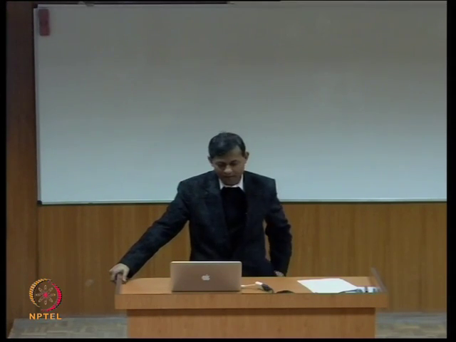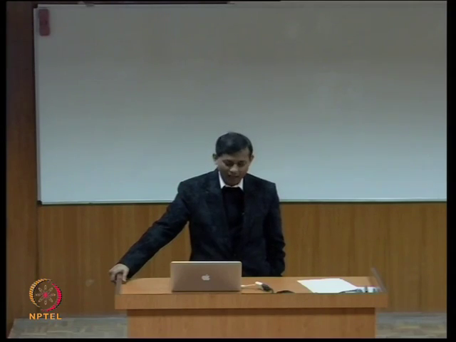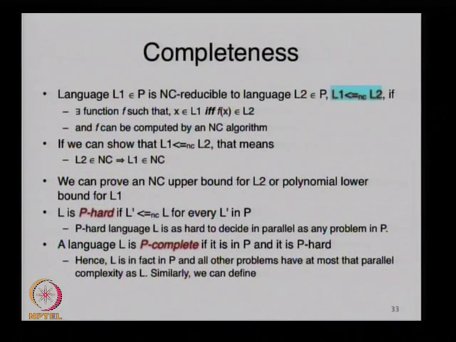And a problem L, again a language, L is P-hard if you can take any other language L prime, for every L prime that is in P, which can be NC reduced to this L, whether or not that is efficient. Okay? So it's very similar.